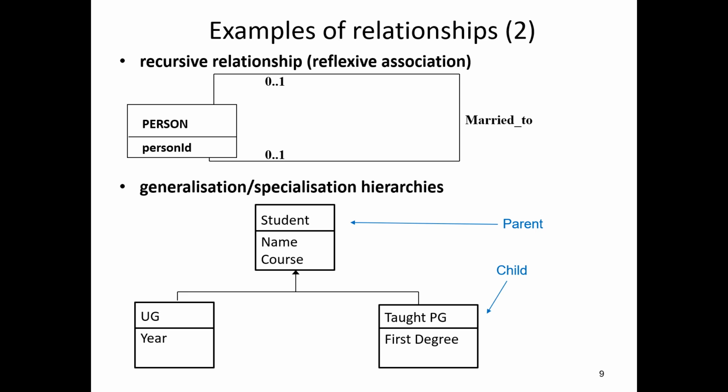Now taking a bit more depth on the recursive relationship, which we also call a reflexive association. Let's take an example of, say, one person ID can be married to many ladies.